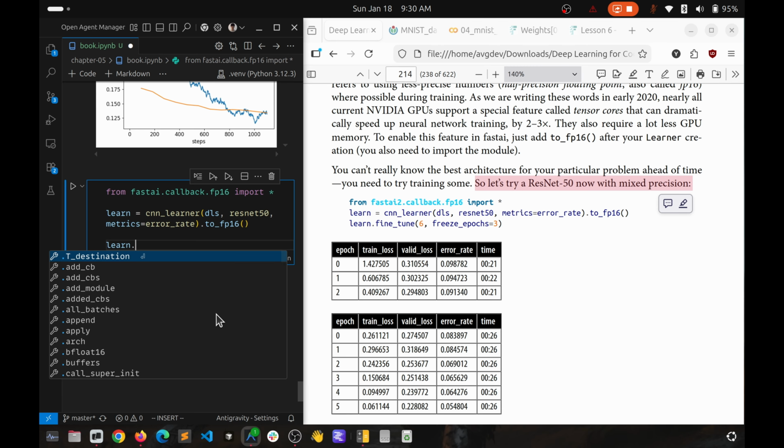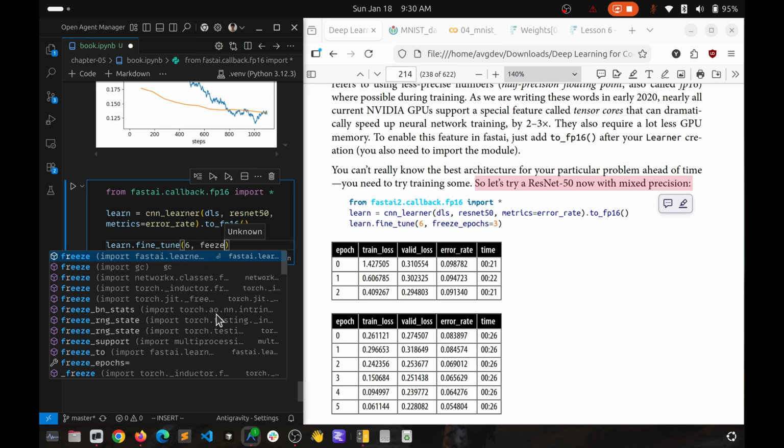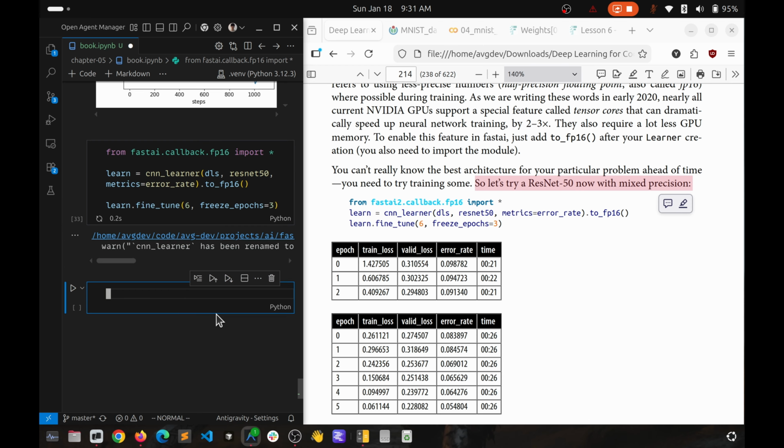Okay, so let's see, learn.fine_tune, and this should be much faster, I expect, because we are on a 5070 here, and 5070s did not exist back then. Okay, freeze epochs. I don't know what that means, but let's go.